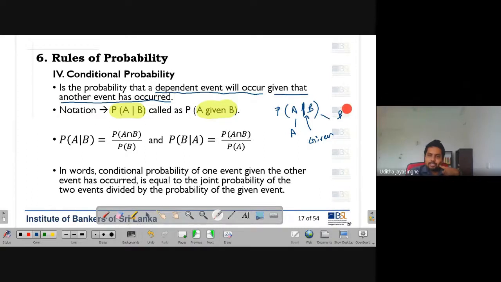A given B means this A is my dependent event, or the event that I'm focusing on, or the event whose probability I am trying to calculate. What about the B? That is the event that has already occurred. That's why we write it as A given B.